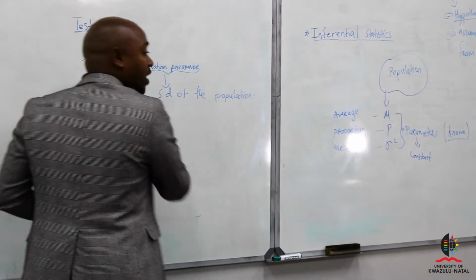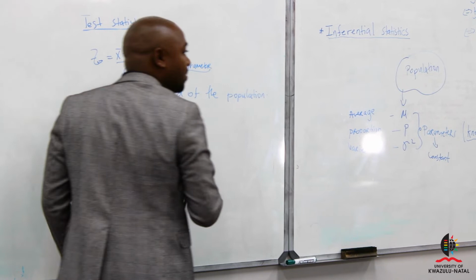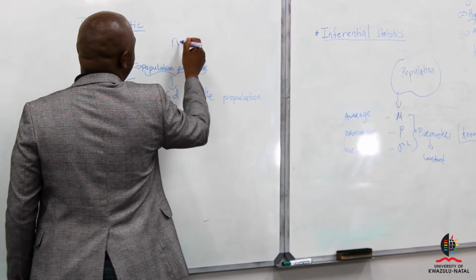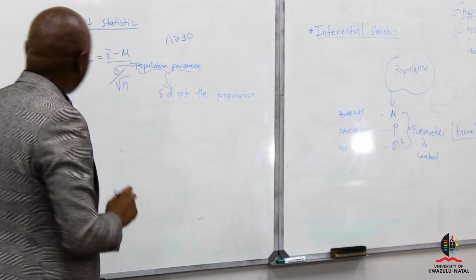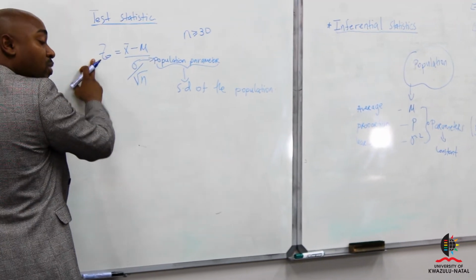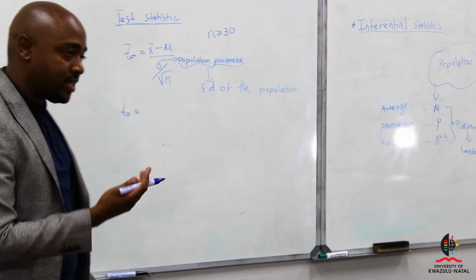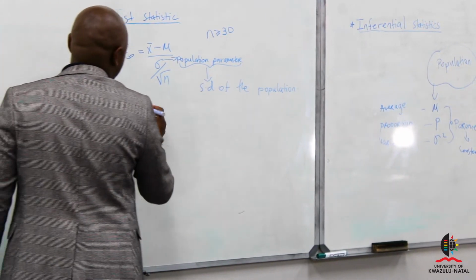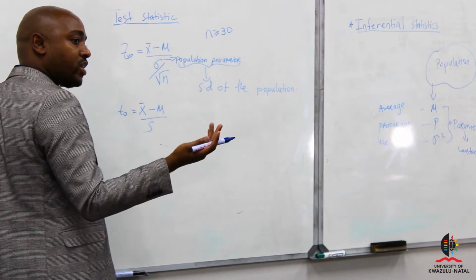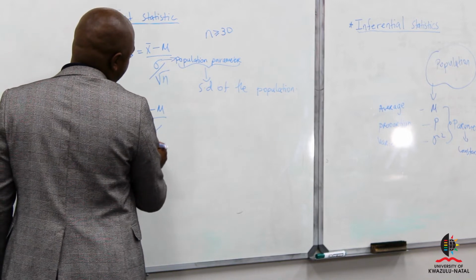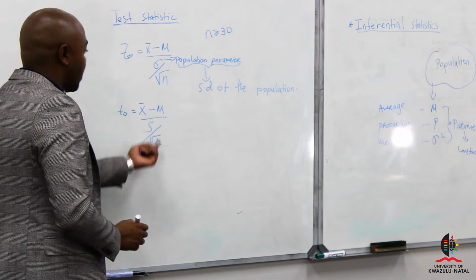You can only use this to calculate your test statistic if the population parameter is known and your n is greater than or equal to 30. This is the first formula to calculate your test statistic. The second formula is the T distribution, T naught. It's also X bar minus mu divided by S, which is the standard deviation calculated based on the sample, all over the square root of n. Also, this is known as the standard error.